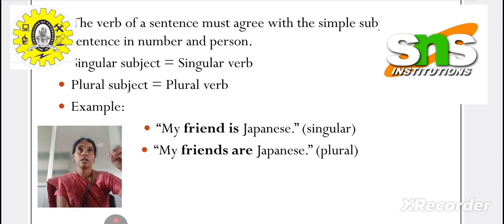So let us see about the rules that we have in subject-verb agreement. The basic rule is that if the subject is singular, the verb should be singular. If the subject is plural, the verb should also be plural. That is the main simple rule in subject-verb agreement.